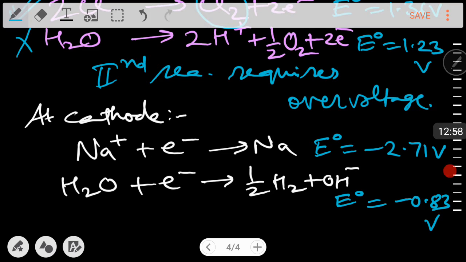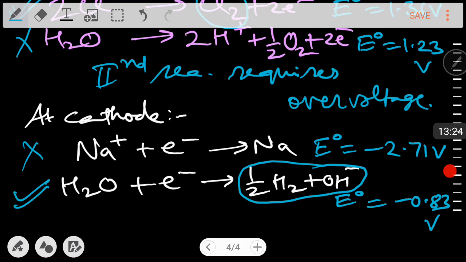If you compare these two values, you will find that the second reaction has the higher E naught value, and you know that at the cathode the reaction with the high E naught value takes place with first preference. So definitely the second reaction will take place with first preference, not the first one. So the product of the electrolysis at the cathode will be H2 and OH minus ion.